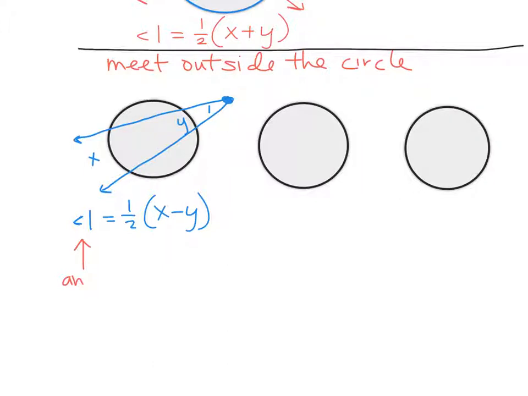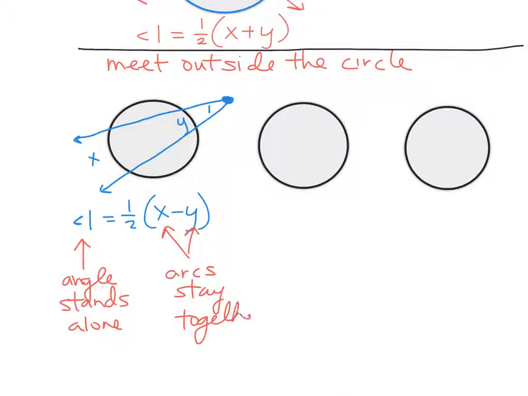Okay, the angle is always the standalone. Your angle stands alone. Your arcs stay together. The other thing that you have to make sure of with these problems is when they meet outside, you're subtracting.